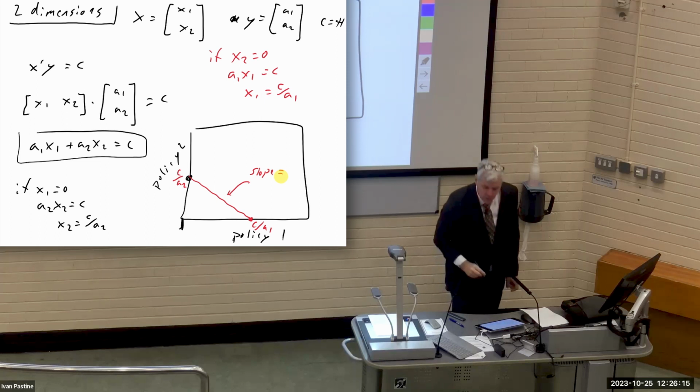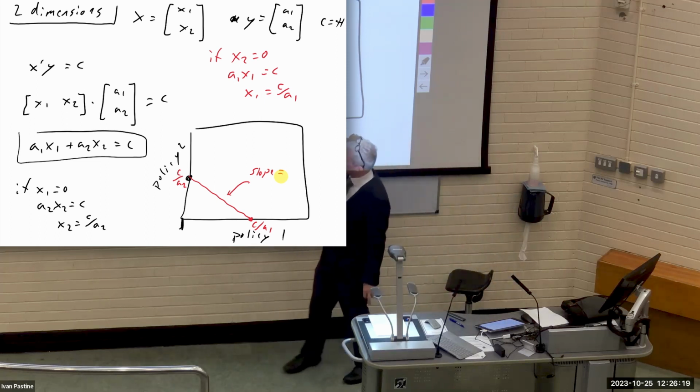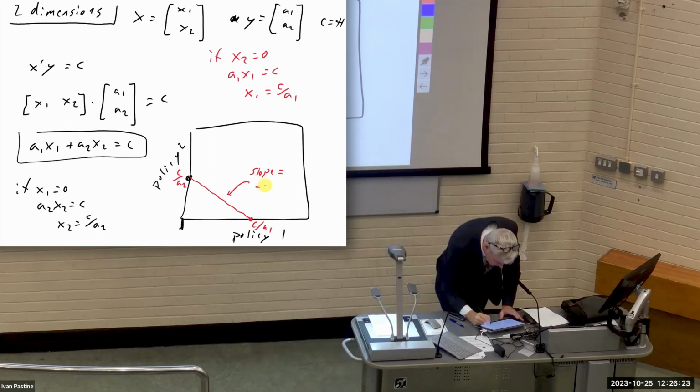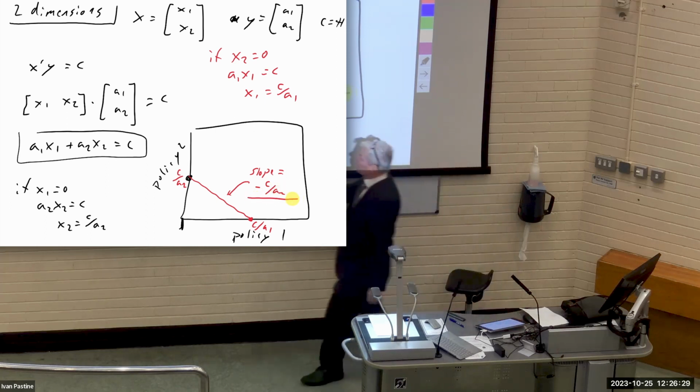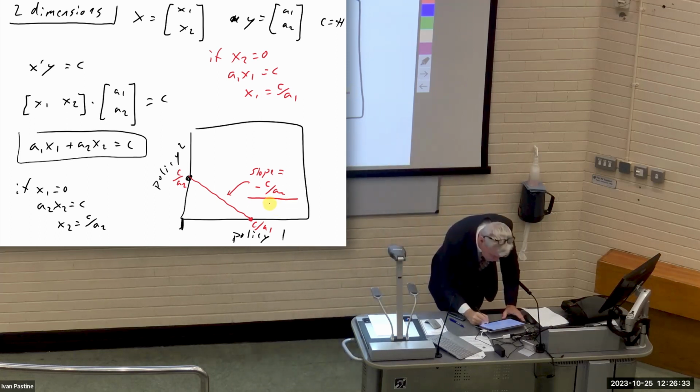Slope equals rise over run. So if we move from here to here, the rise is negative c over a2 divided by the run. We go from here to here, so we've gone c over a1.